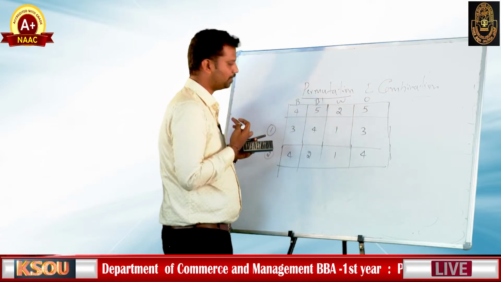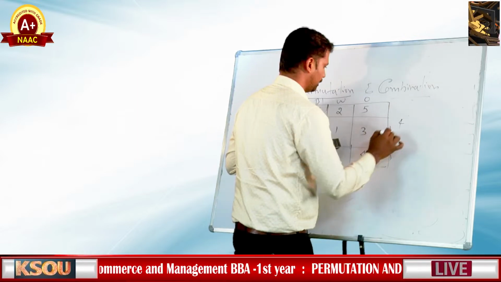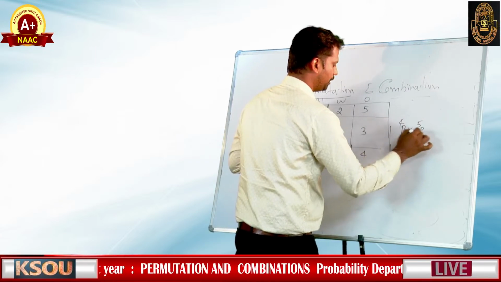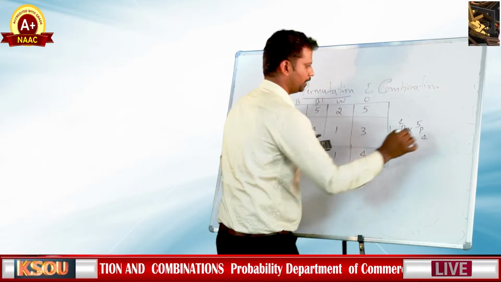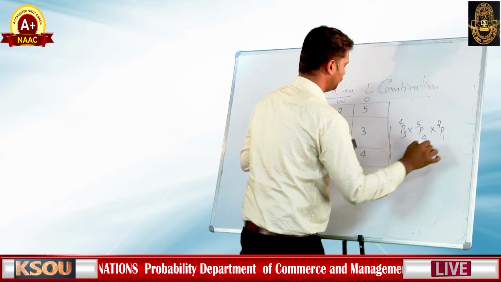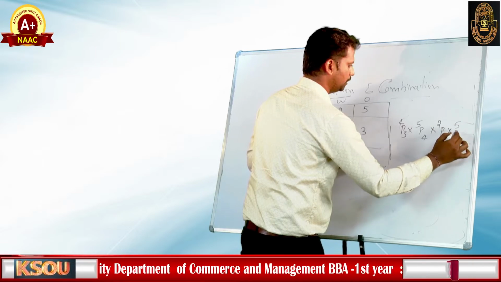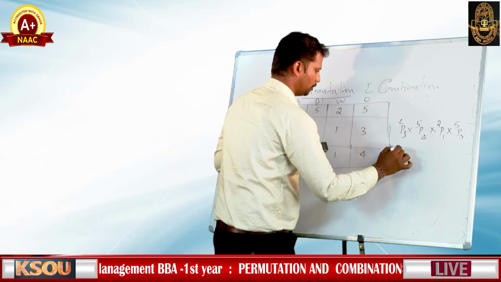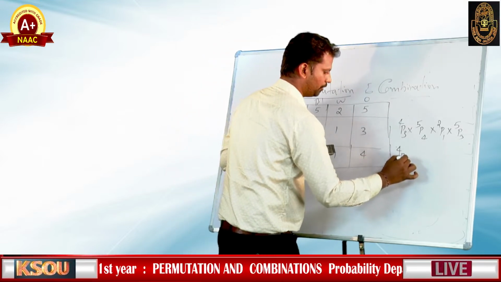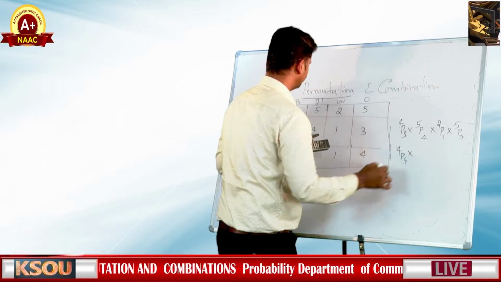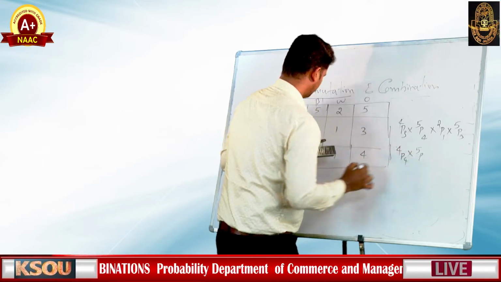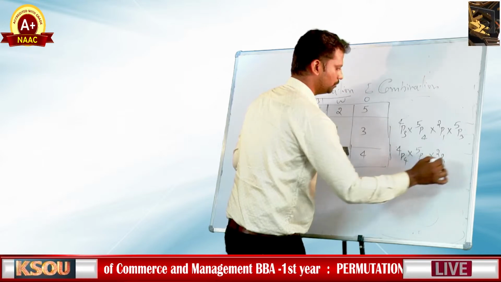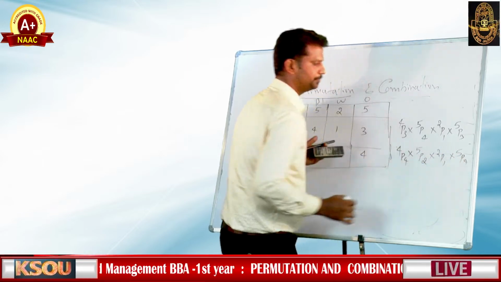How do you write the equations? 4P3 into 5P4 into 2P1 into 5P3. The second option: 4P4, that is 4 factorial, into 5P2 into 2P1 into 5P4.